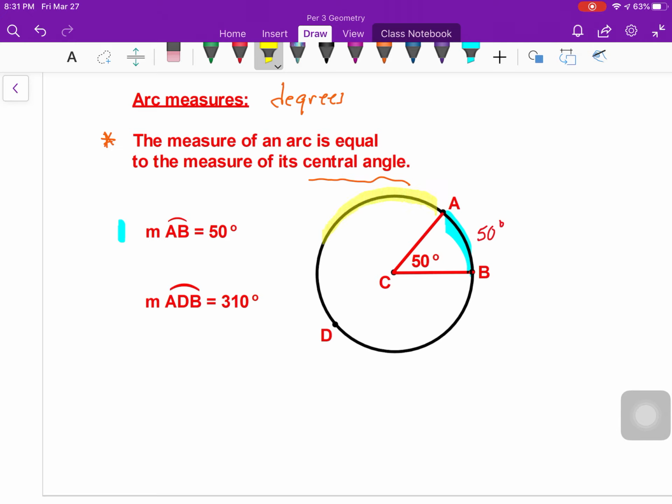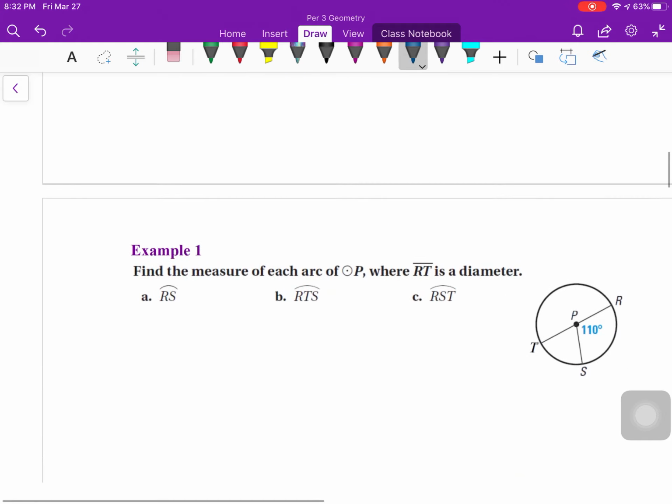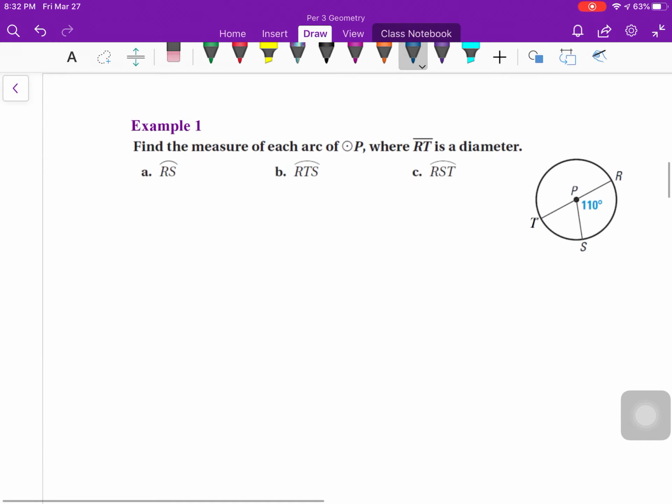That means the major arc from A through D to B would be the remainder of the entire circle. A full circle is 360 degrees, so if we subtract the 50 degrees for our minor arc, we get 310 degrees for that major arc. So the measure of an arc is always equal to the measure of its central angle.